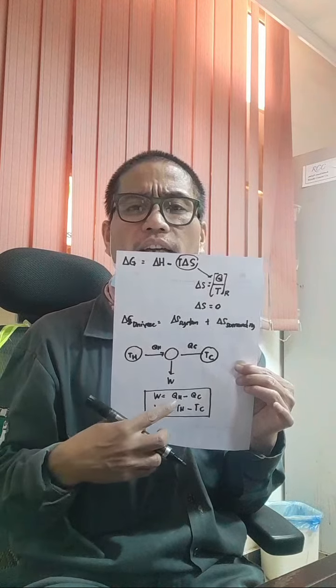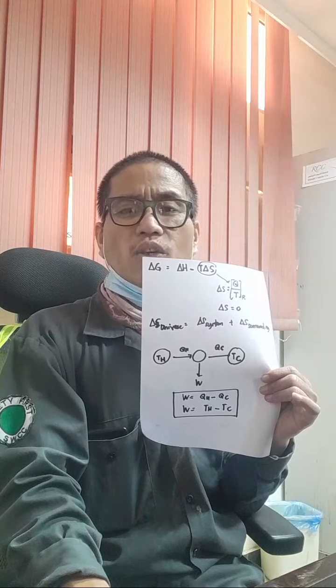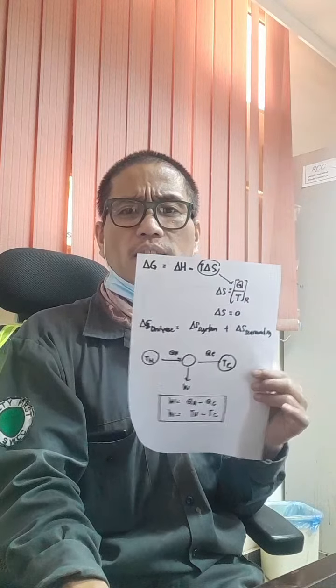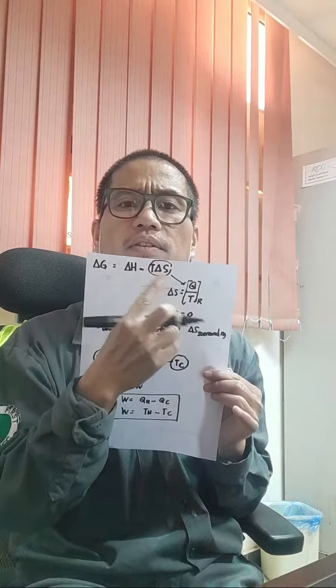And then we also have Q equals T times the entropy change. In the second law of thermodynamics, the introduction of the Gibbs free energy and entropy is very important.